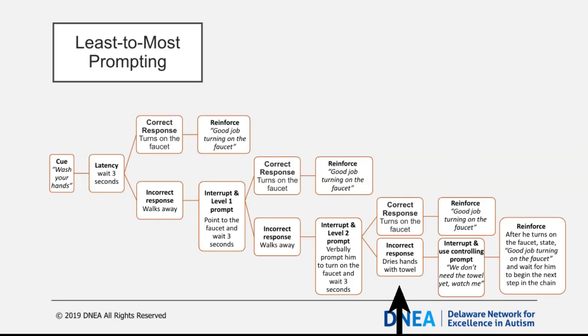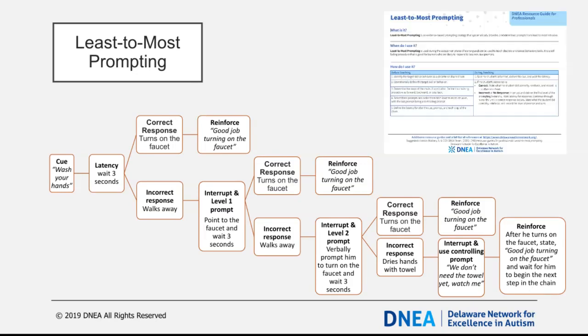If their response is incorrect, you will deliver the final level of prompting. This will be your controlling prompt and will guarantee a correct response. You should mark the prompt and a plus sign on your data sheet. If you would like more details on using least to most prompting, check out our resource guide.